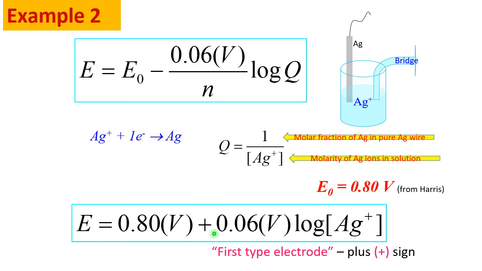E0 plus, again we're putting it upside down, so the sign is changing from minus to plus, 0.06 volt log of concentration of Ag+. This is the so-called first type electrode. For any metals in solution in contact with their solid, you'll have very similar.